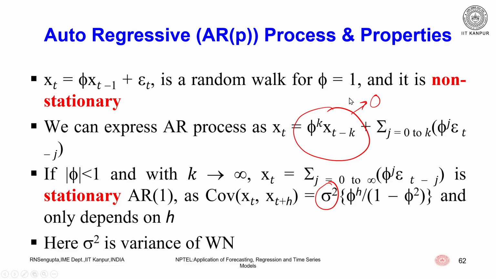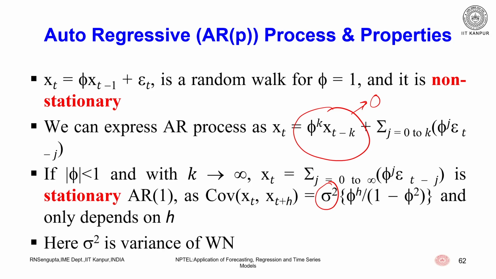So, if I find out the covariance of the time series, that value comes out to be sigma square into this term which is in the curly brackets, and it only depends on h. So, based on these properties, as n tends to infinity, x t can be expressed as a stationary AR1 process, and the covariance is only dependent on the lag, so we can say it is a stationary AR1 process.